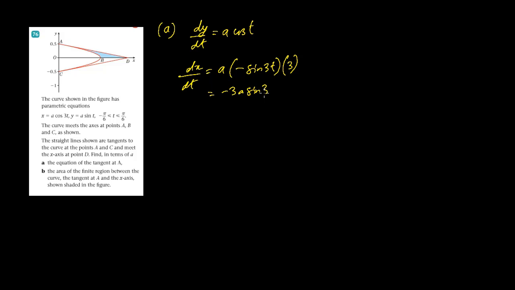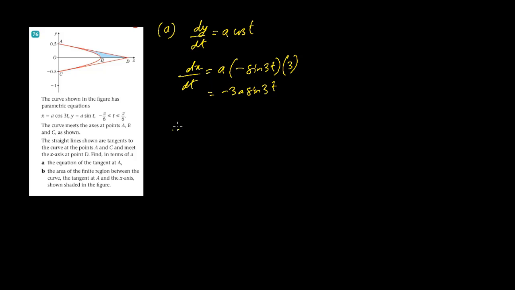So dy by dx means dy by dt divided by dx by dt. So dy by dt, derivative of a sine t, so a is a, derivative of sine t is cos t. Then dx by dt, so we have a cos 3t, so a is a, derivative of cos theta is minus sine theta, and derivative of the angle is 3, so this would be minus thrice a sine 3t.